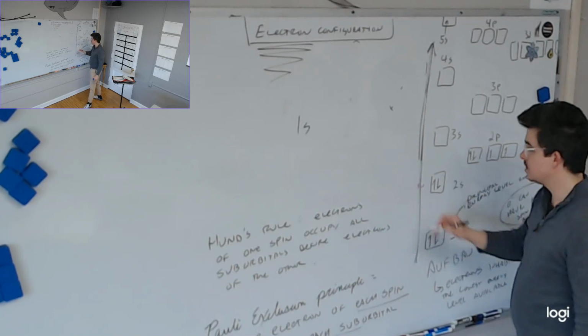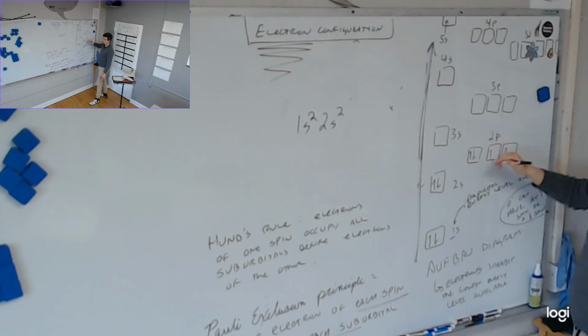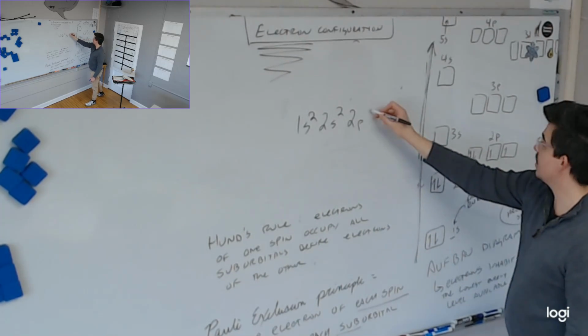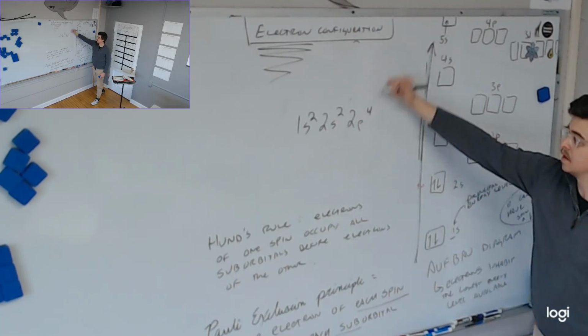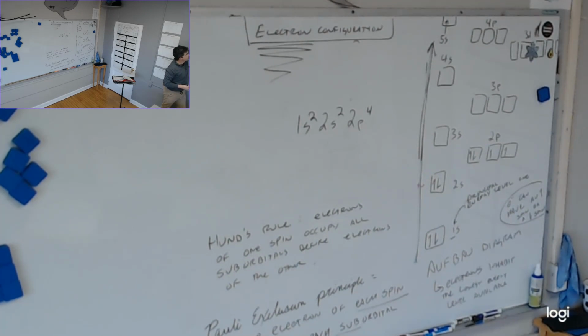How many? 2. 2s2. 2p4. Yep, 2p4. So now let's check out what element that is. 1s2 is helium. 2s2 is beryllium. 2p1, 2p2, 2p3, 2p4. So it's oxygen.